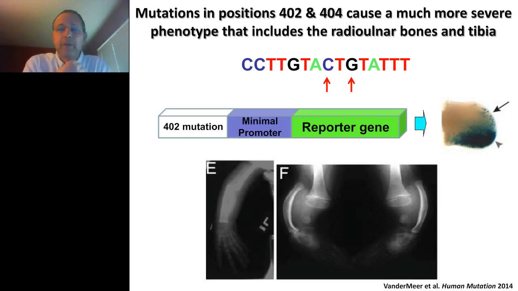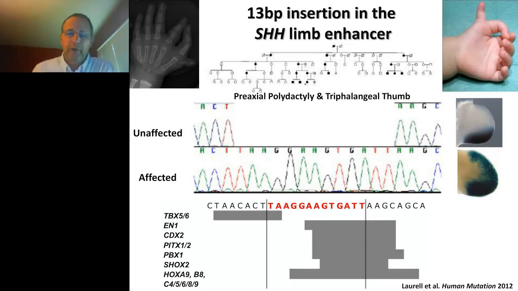But it really doesn't tell me why this 402 mutation leads to a much more severe phenotype compared to going back here, where this 13 base pair insertion and the expression pattern that we see below leads to a less severe phenotype of just having one extra finger.